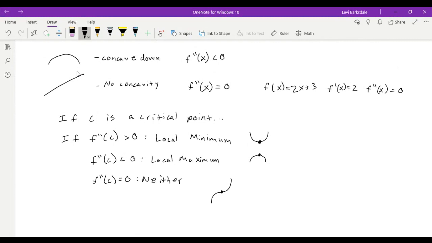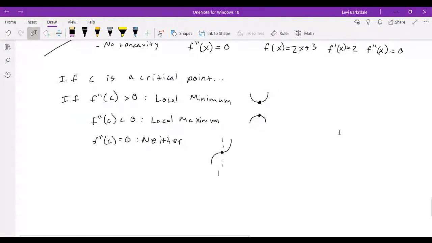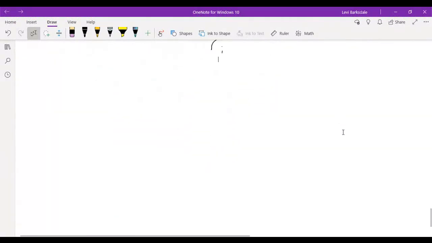You can see we've got this downward curved part on the left-hand side and an upward curved portion on the right-hand side. It's concave down on the left and concave up on the right. So at exactly 0, right between them, it has no concavity because that's where it switches between up and down.